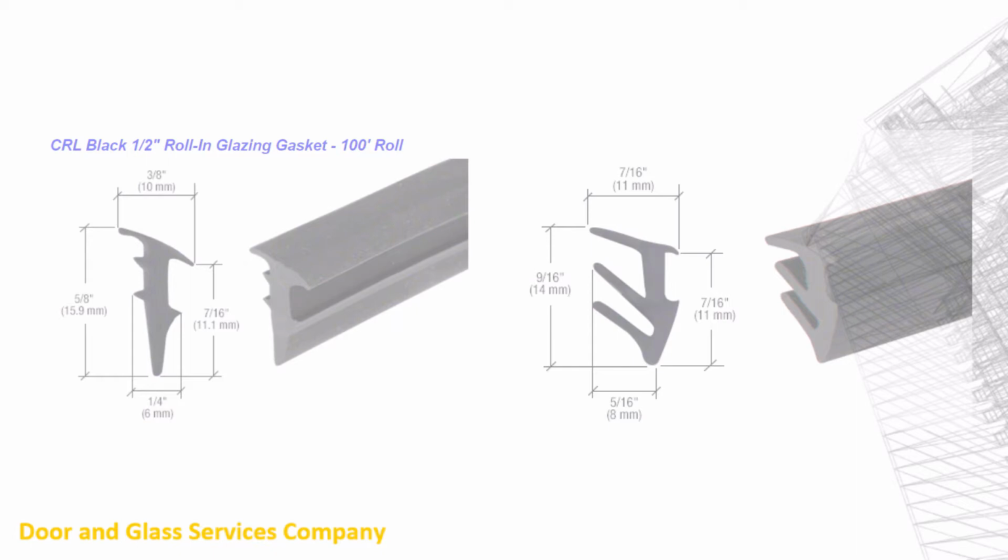Remember, we don't know the actual thickness of the glass. There's a tolerance for that. It's about a 32nd of an inch for 1/2 inch glass. And we also don't know the dimensions of the channel. We have about a 1 degree allowance for the angle at the side. So we use a rubber gasket to take up and fill the space between the glass and the channel.